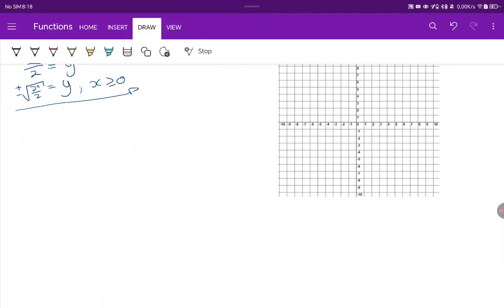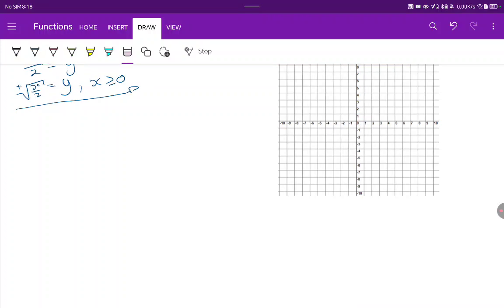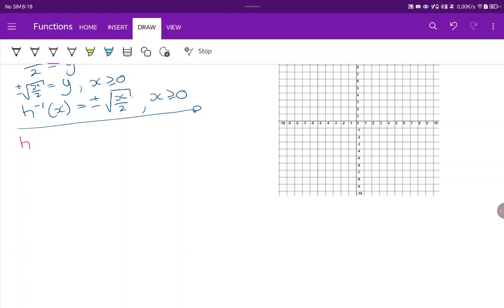Option number one is we could say that the h of x, oh, I didn't rewrite this one. So this is h minus 1 of x is equal to plus minus square root x over 2. Okay. So option number one is where I say h of x is equal to h minus 1 of x.